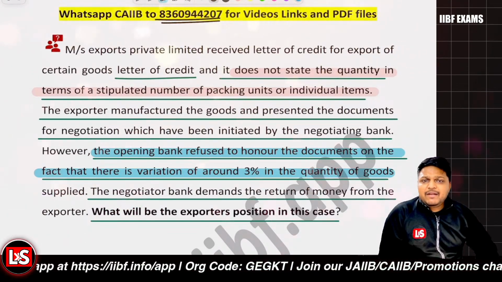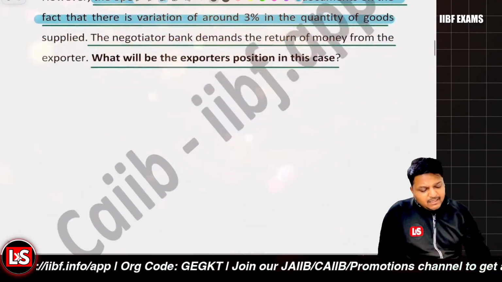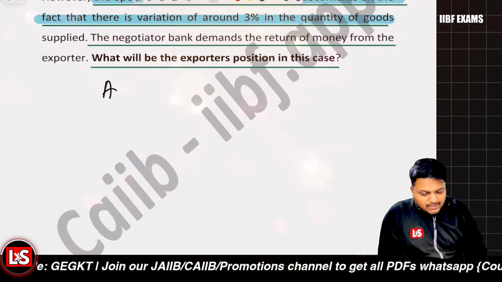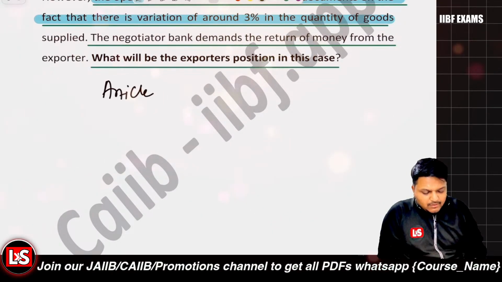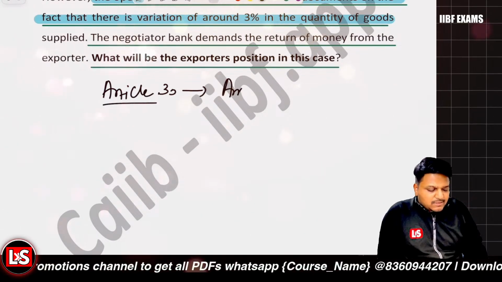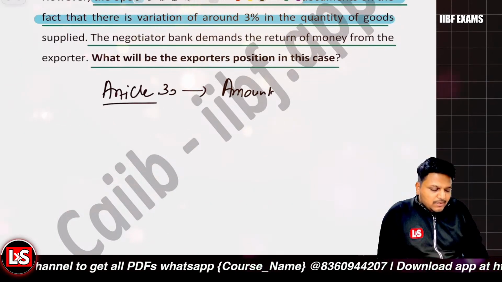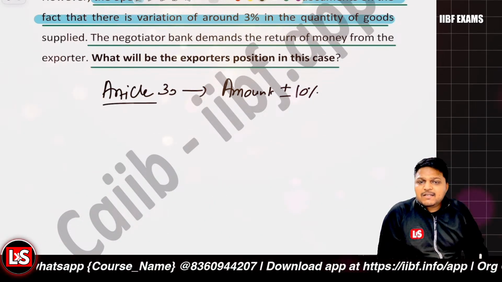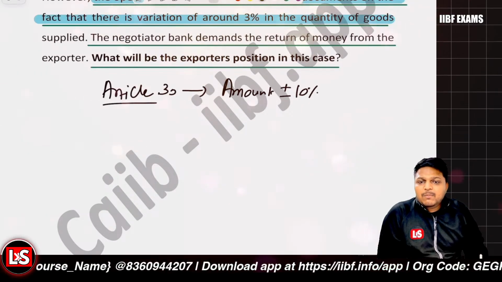Again, the relevant article is Article 30, about the tolerance limits. One part was about the amount: if the amount is approximate or about, the tolerance is plus minus 10%. The other is about the number of units.